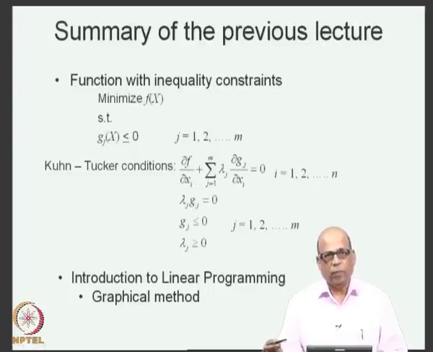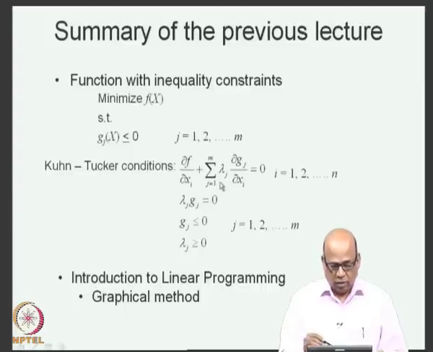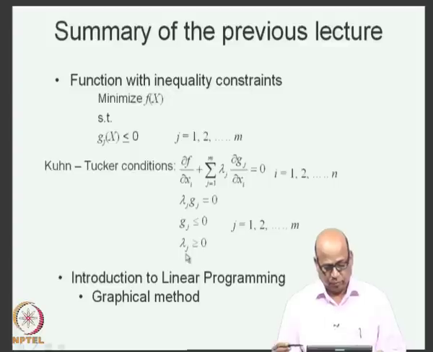So, n plus m equations, n plus m variables. For each of the solutions that we obtain, we check the conditions g j less than or equal to 0, which is the original set of constraints, and lambda j greater than or equal to 0, which is the sign of the lambda j's.